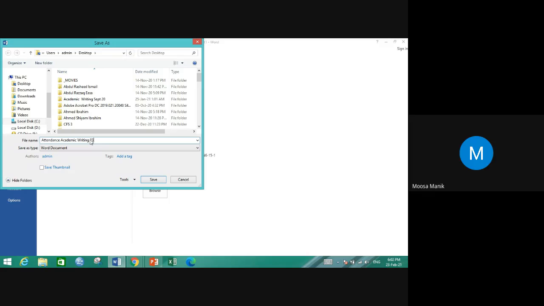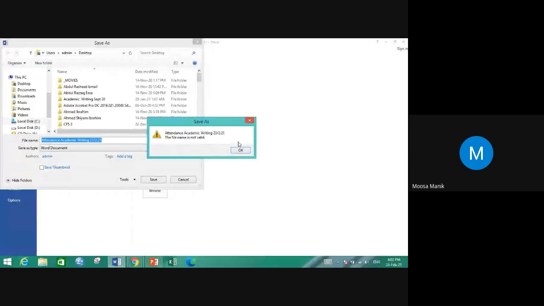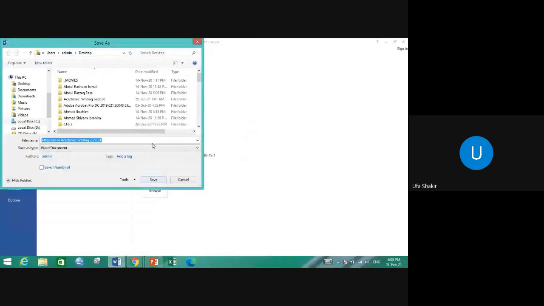Sir, when I write my email address in that attendance form, it says it must be a number. Oh, right then. So what do you think I should do? I don't know. I am facing the same issue as well. When we write our student email address in the box that's provided, it says it must be a number, so we cannot submit the form. Oh, I see. I think that must be sorted out then.